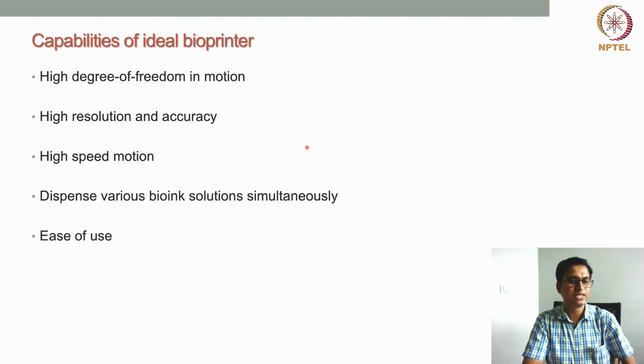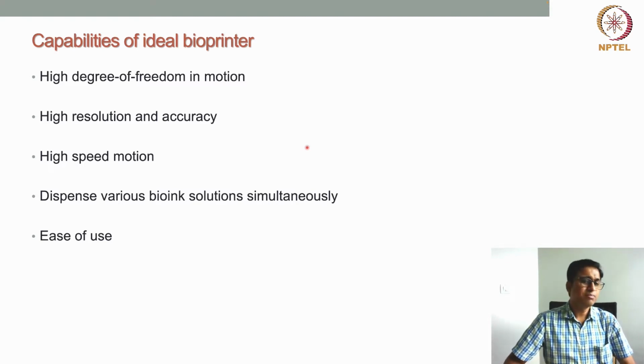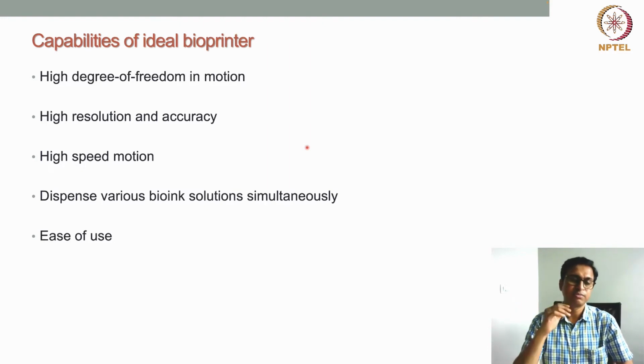So high resolution and accuracy is another required capability. Some printers, like inkjet based printers or laser assisted bioprinting, offer high resolution, but printing high resolution structures accurately at high speed is another requirement for this ideal bioprinter.